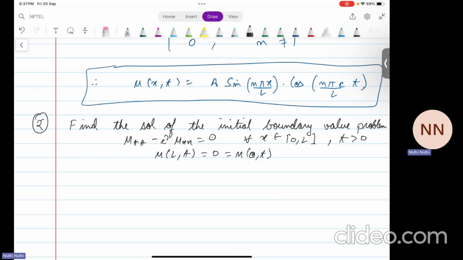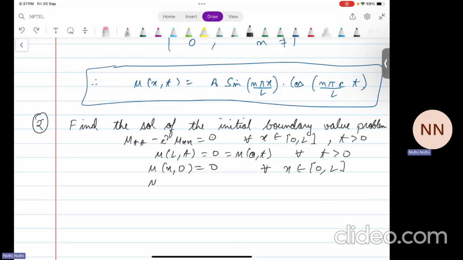That means at both the ends it is tied for every t positive. u_x at 0 is 0. That means at time t equals 0 the string is at rest for every x in 0 to L. That means at time 0 it is something like this straight line.